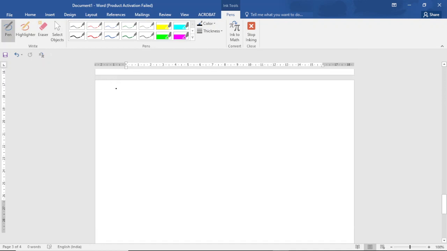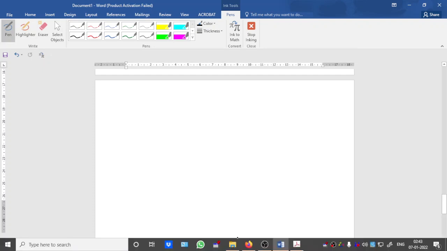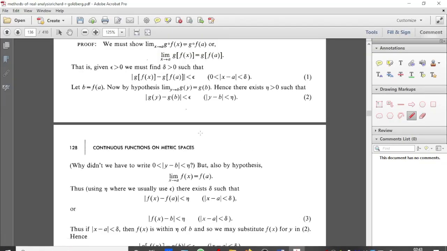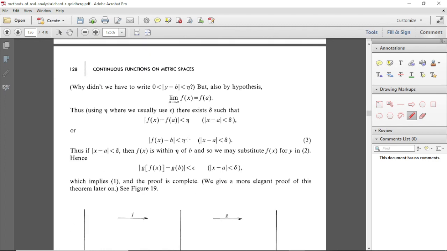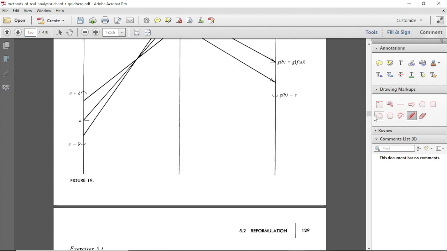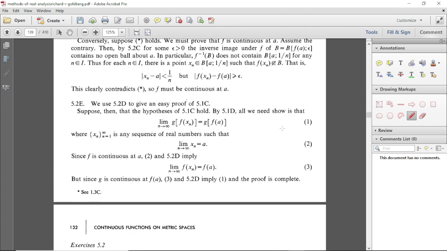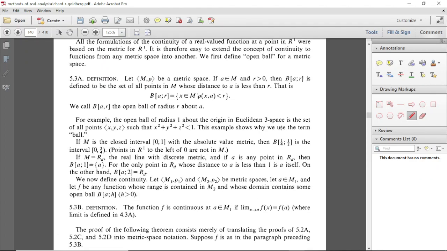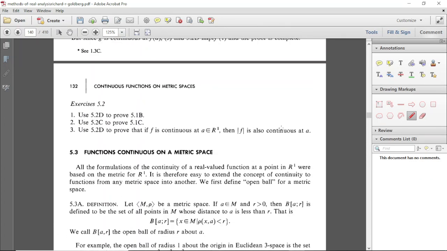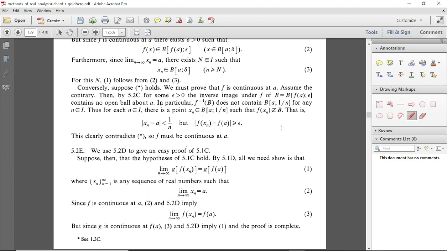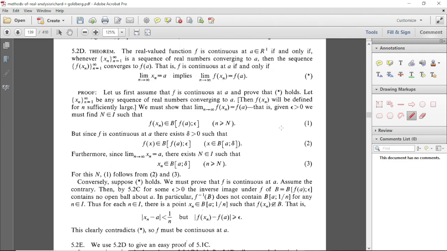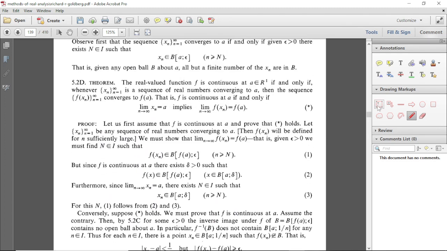Now, what we have to do is, I will show you what changes we shall make. This is the theorem.